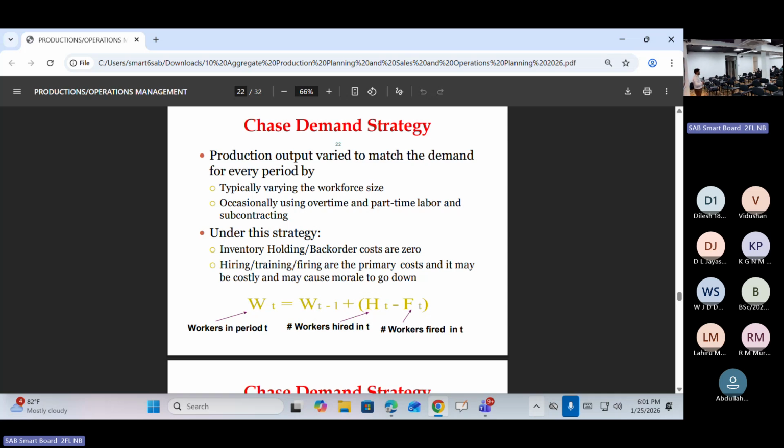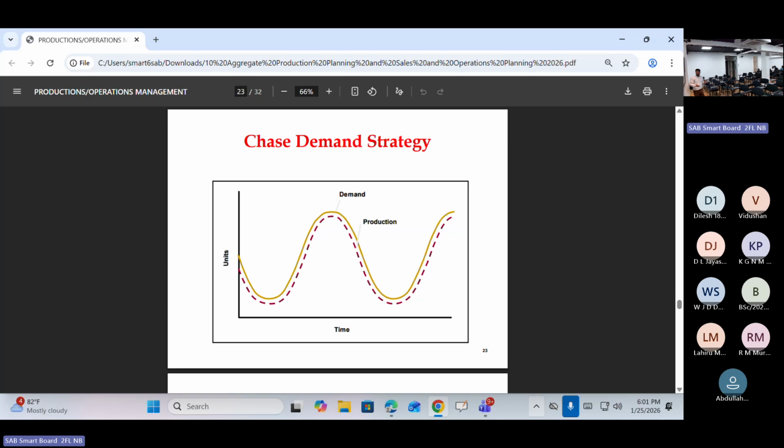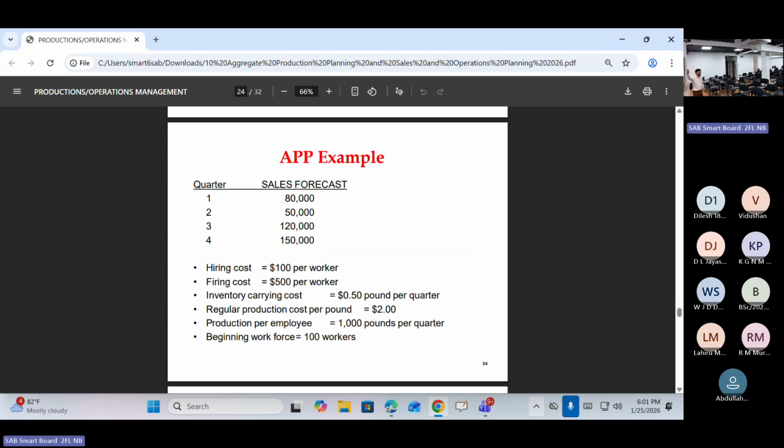So like this. With the same example, let's try to identify how this production plan works and accordingly how to calculate the cost. Let's quickly identify. For the same example, demand forecast, so sales forecast is given, cost details are given.